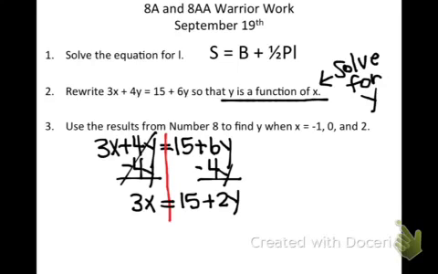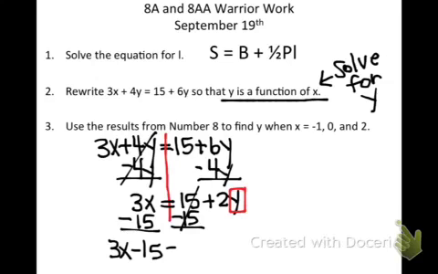Remember, we're trying to solve for y, so now I need to move away the 15 and the 2. I'll start by subtracting 15 from both sides. Now, we cannot actually subtract 15 from 3x because they're not like terms. The last step I take to get y by itself is to divide both sides by 2.